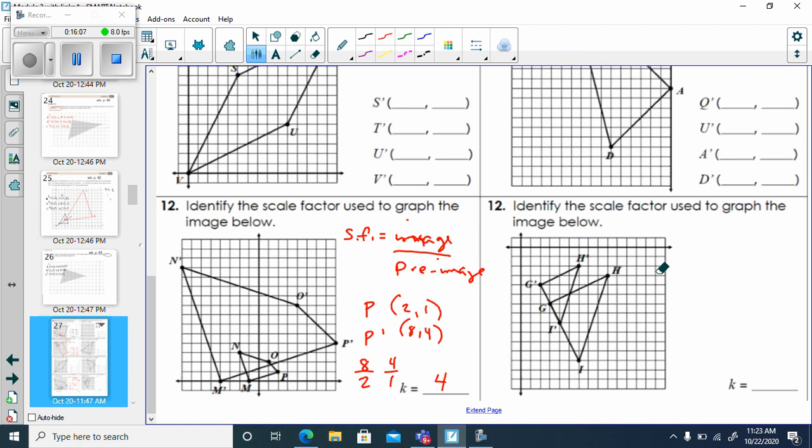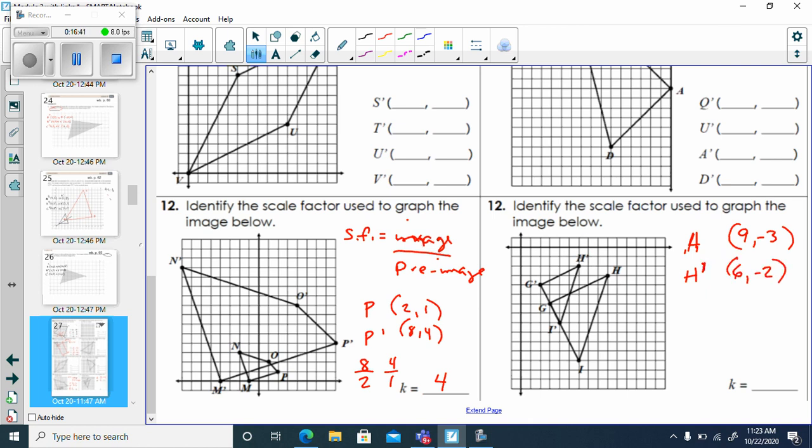Okay, identify the scale factor used here. Let's take 2 points. How about we take H and H prime? Again, guys, to find the scale factor, it's the image over the pre-image. H is at 9, negative 3. Our image, H prime, is at 6, negative 2.